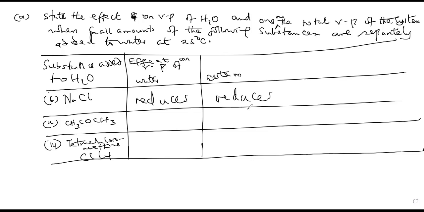Now, when the escaping tendency of water into the vapor phase reduces, it means the vapor pressure of water will also decrease, and generally the whole system.